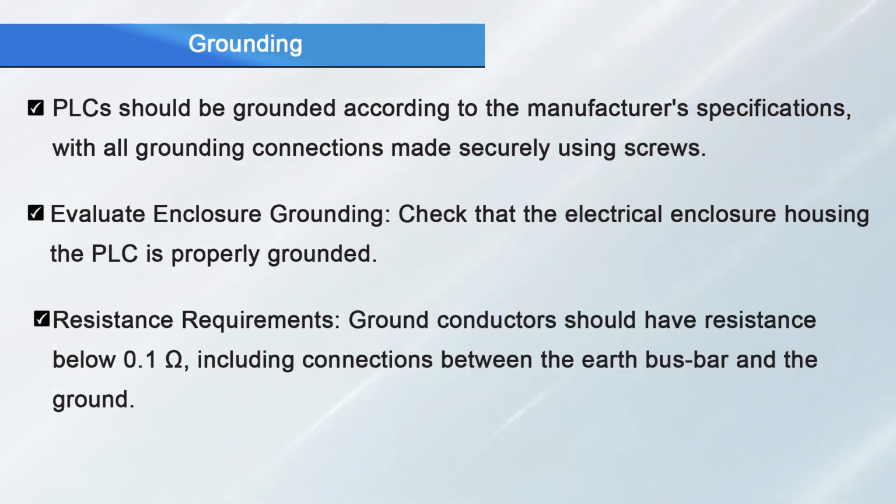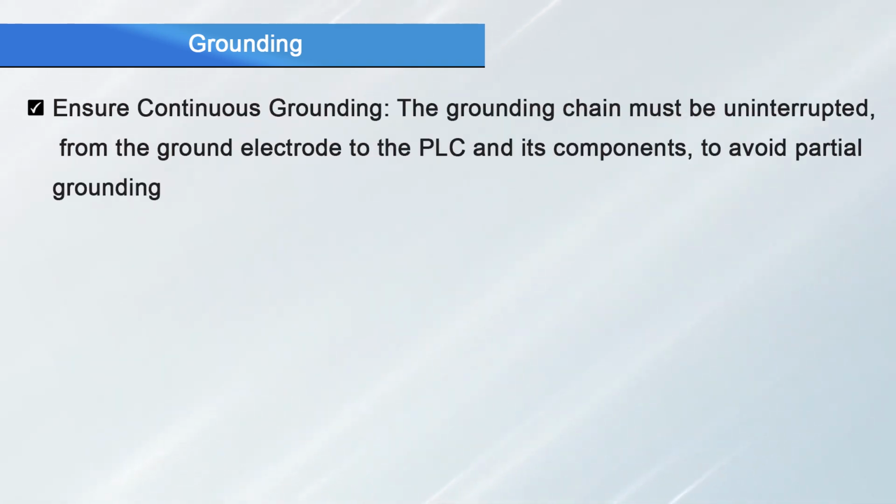Next, third is the resistance requirements. Ground conductors should have resistance below 0.1 ohms, which includes the connection between the earth bus bar and the ground.